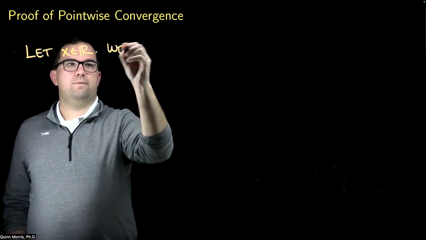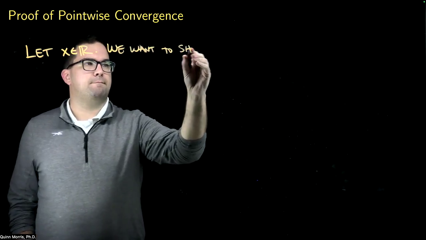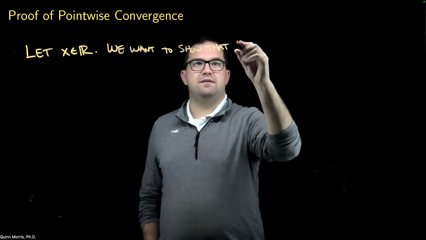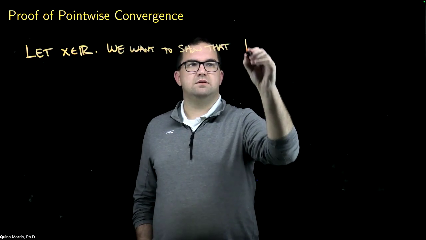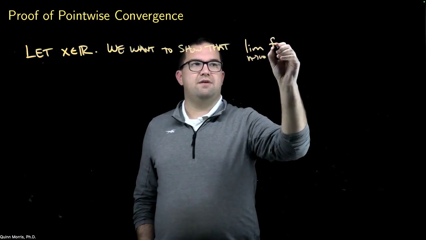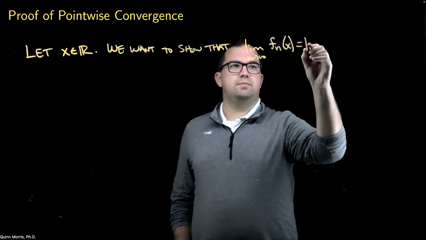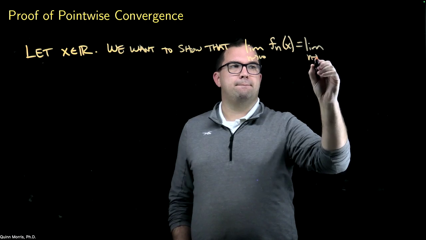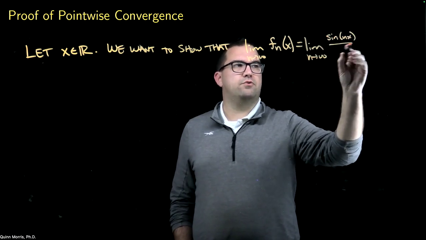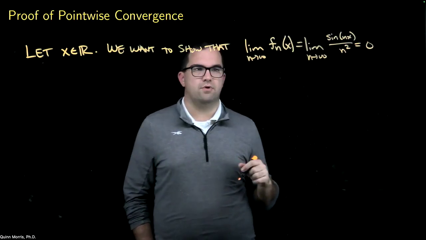We want to show that the sequence f sub n of x, which is just going to be sine of nx over n squared, converges to 0.